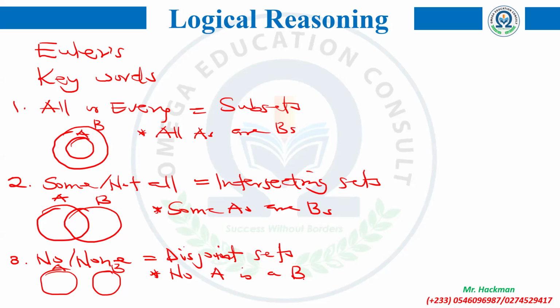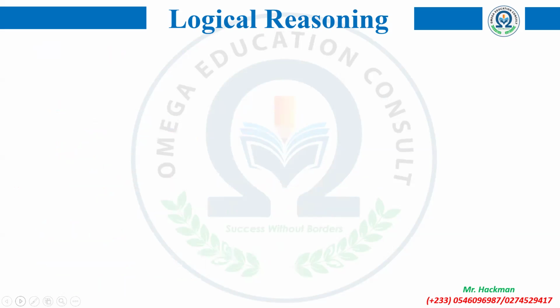So these are the keywords that you have to note. Anytime you are drawing your circle, take note, and as we move along, I will give you certain tidbits as well. Now that we have that, anytime you are given statements and you are asked to draw your Venn diagram, usually you'll be required to use the Venn diagram to answer some follow-up questions.